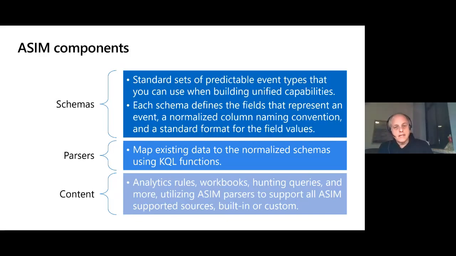They are the part that takes the raw data, whatever you get it in, and translates it into the uniform contractual schema. We use today, in the next slide we see the architecture, query time parsing, which uses KQL functions, and we'll discuss that a bit more later.